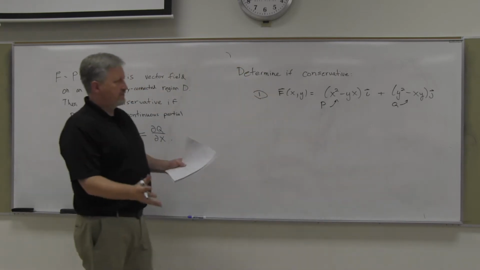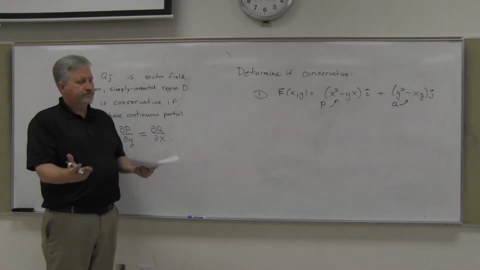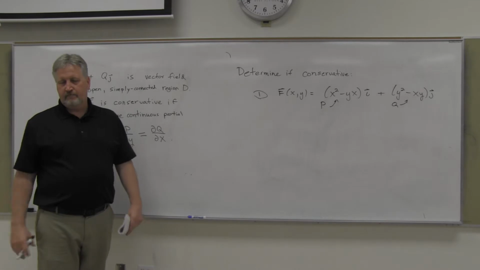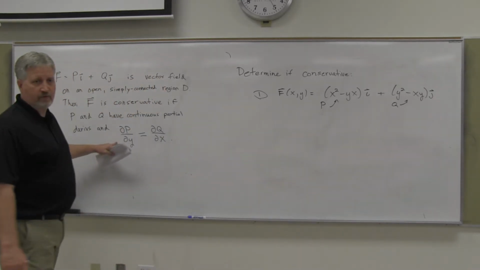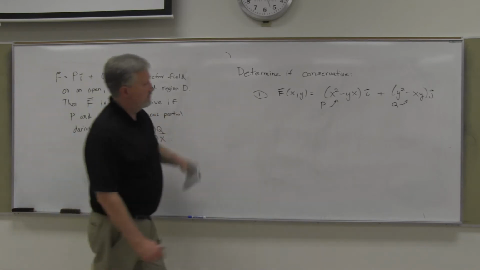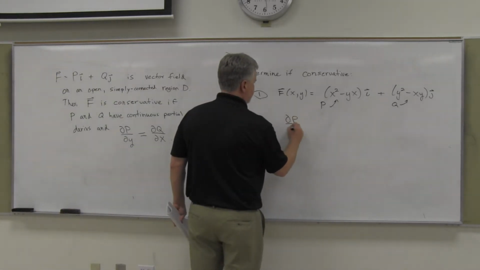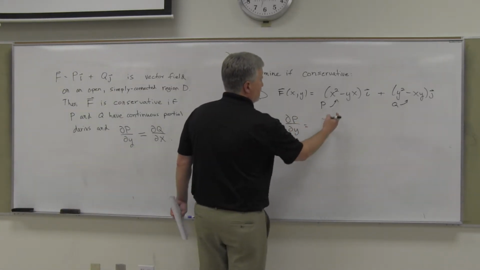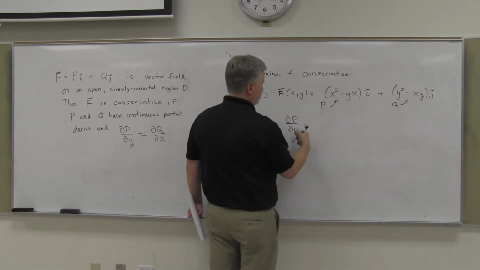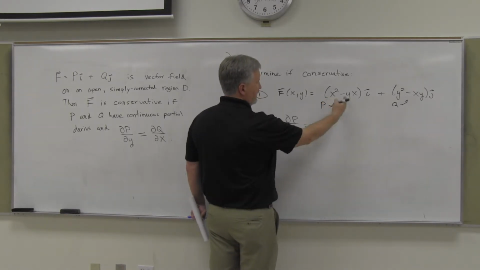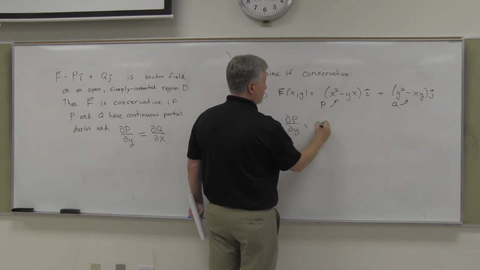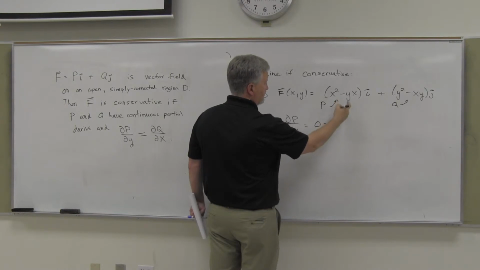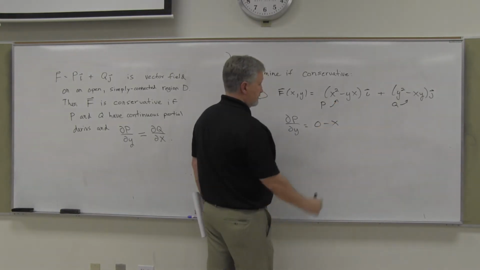To determine if it's conservative, we just take the respective partial derivatives. So what is the partial of P with respect to Y? The x squared is a constant, so its derivative is 0, and the derivative of the other term is minus x. So it's minus x.